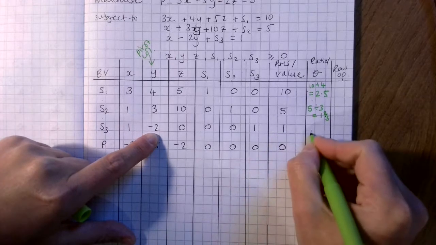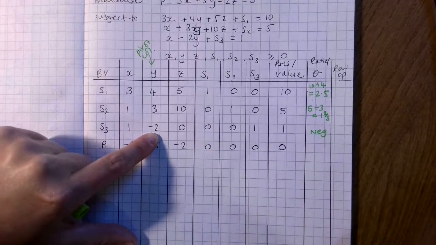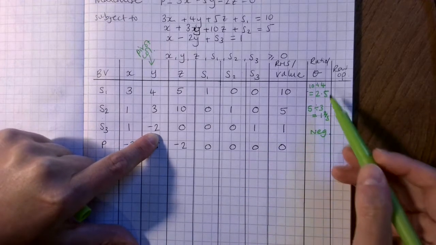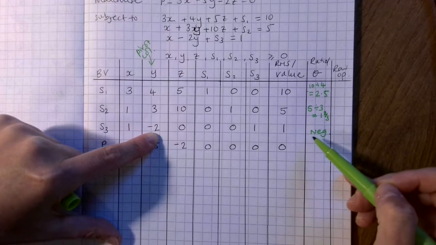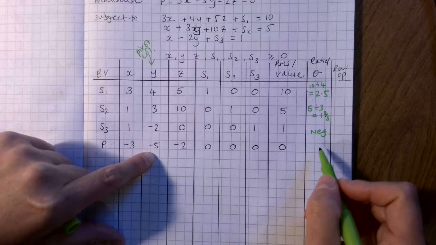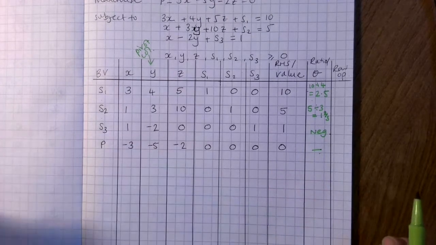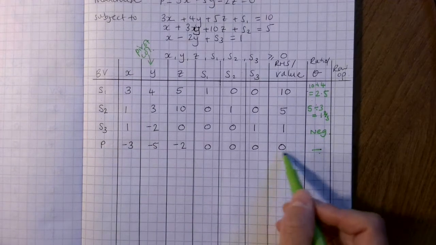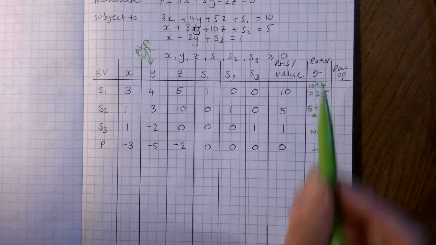This one is negative, so we don't need to worry about that because we always want the smallest positive one. If you do work it out, it doesn't lose you any marks. And we're not interested in this one, it's always going to be 0 because the right-hand side is 0.